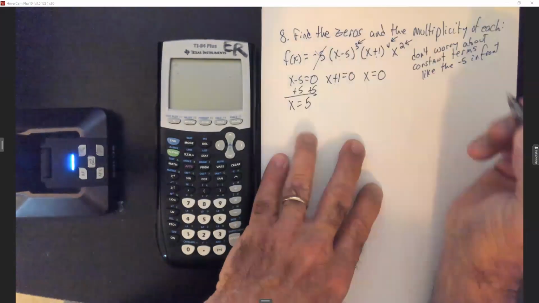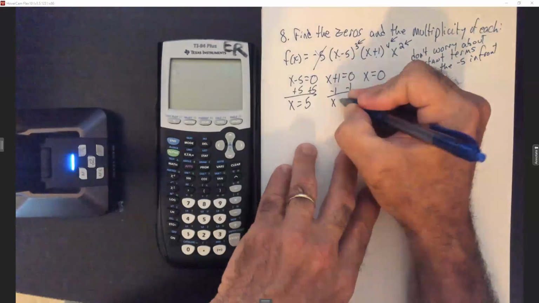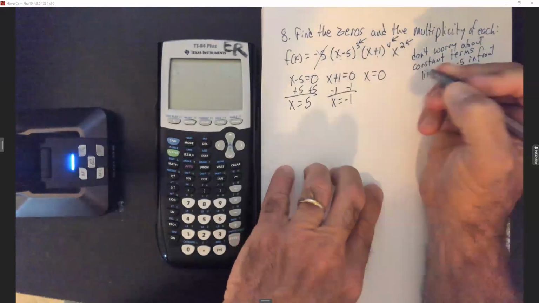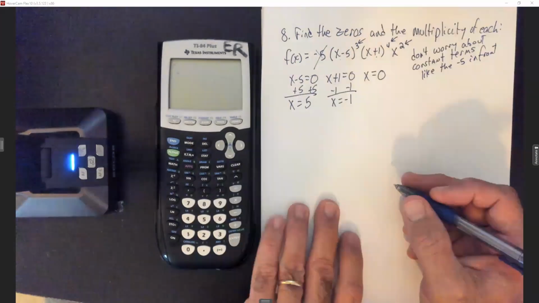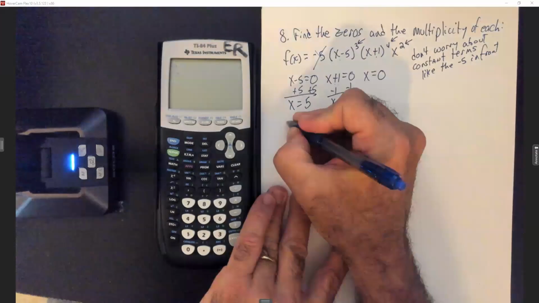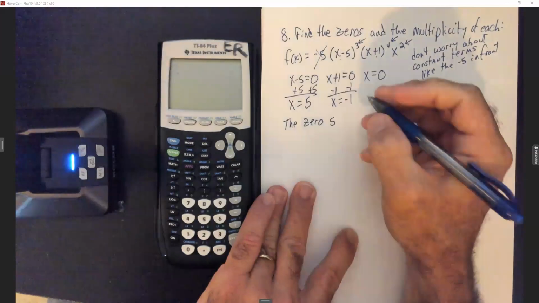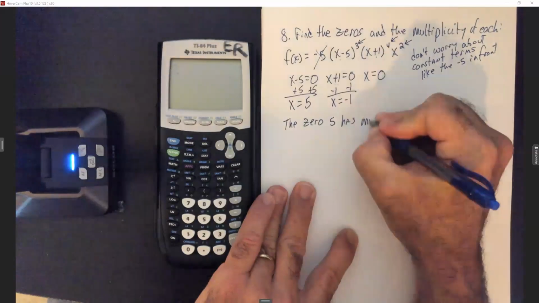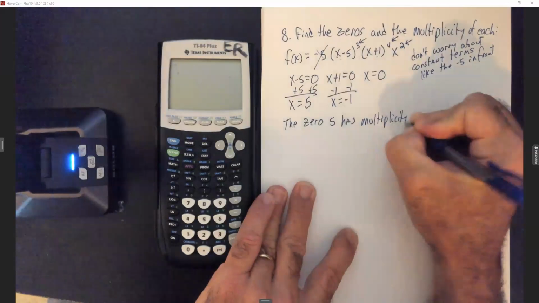The second one, we'll subtract 1. So I got my 3 zeros now. So the answer says the 0, 5 has multiplicity blank.